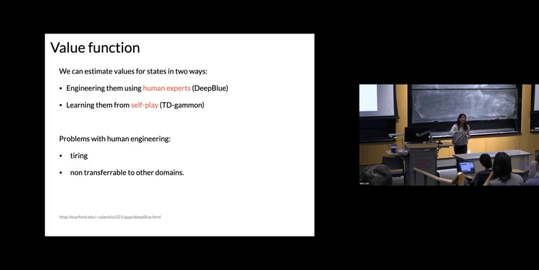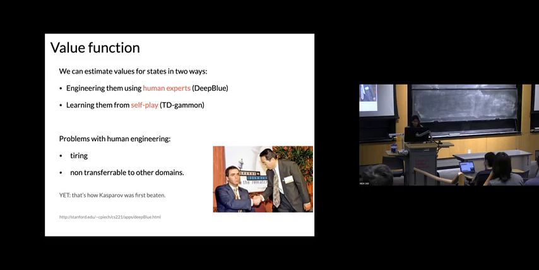So the method generalizes if a human is not involved to give you insights, and these insights are rather discovered by the agent herself playing against itself. I'm just saying obvious things here. This is what Deep Blue did.